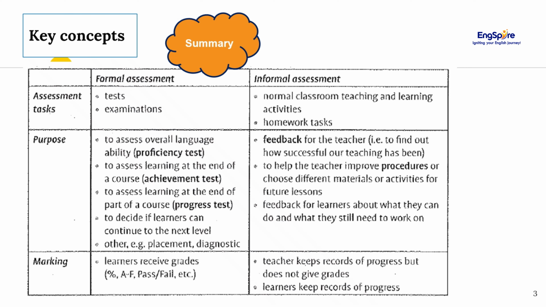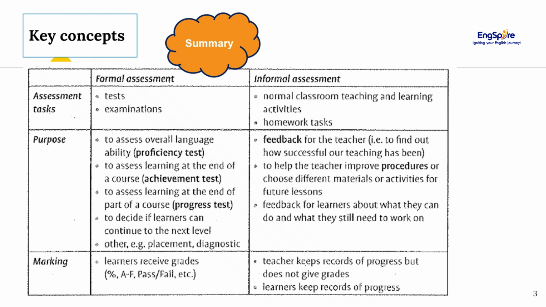A progress test, on the other hand, is used during a course to see how much learners have improved. Formal assessment usually involves grades or marks, such as percentages, pass or fail results, or letter grades. In contrast, informal assessment takes place during normal teaching and learning activities, such as speaking tasks, group work, or homework.